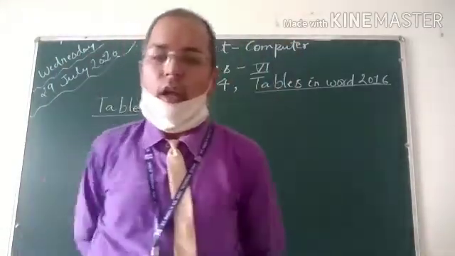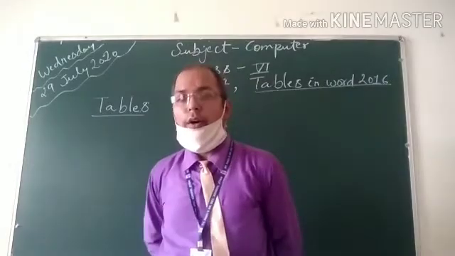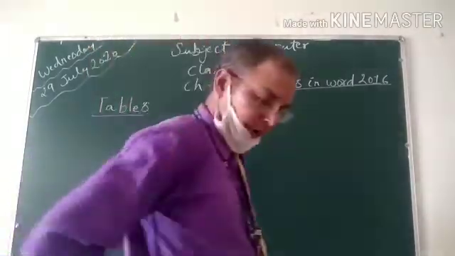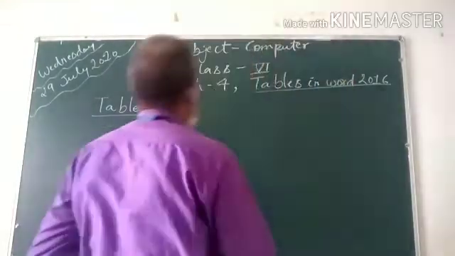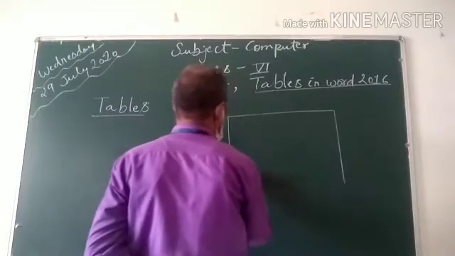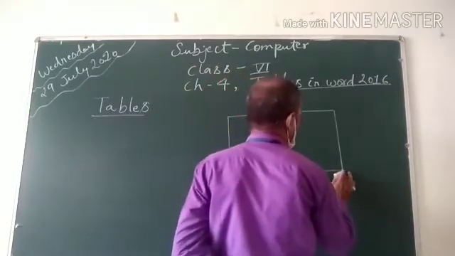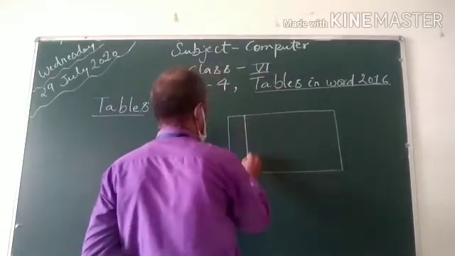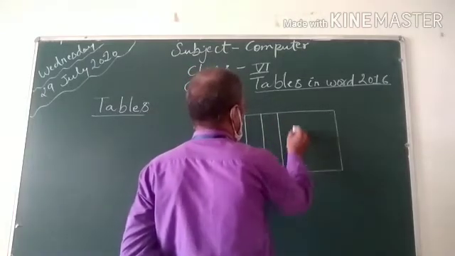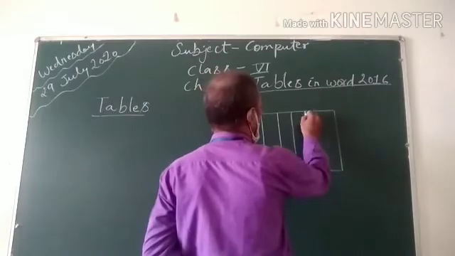A table consists of rows and columns. A table in Excel is made by rows and columns. Rows and columns make a table.